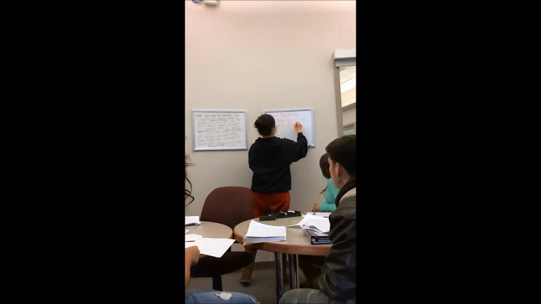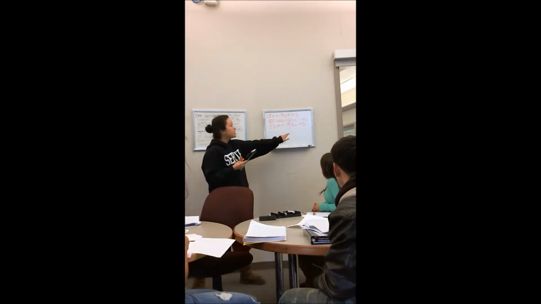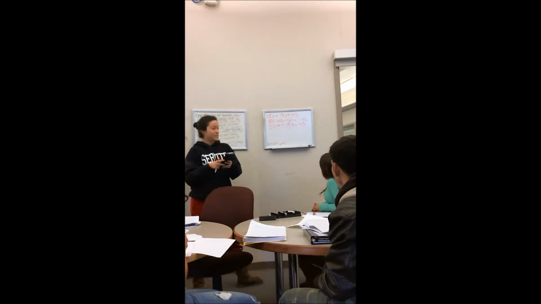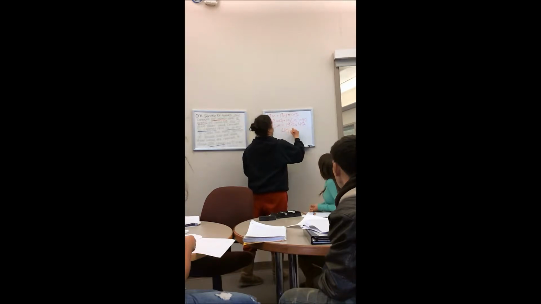And then equals 42. Now, if we did this correctly, it should end up equaling 42. So we'll go ahead and add that up together. 22.5 plus 19.5 equals 42. So we know that we did the work correctly.